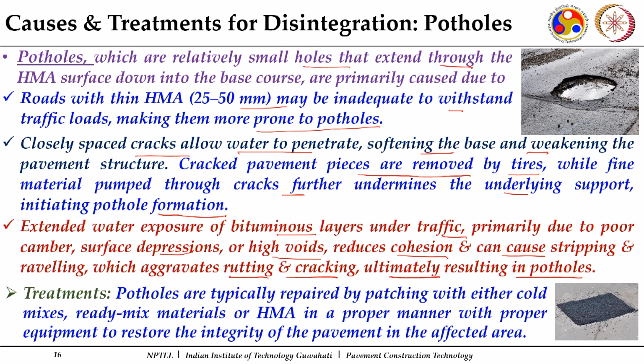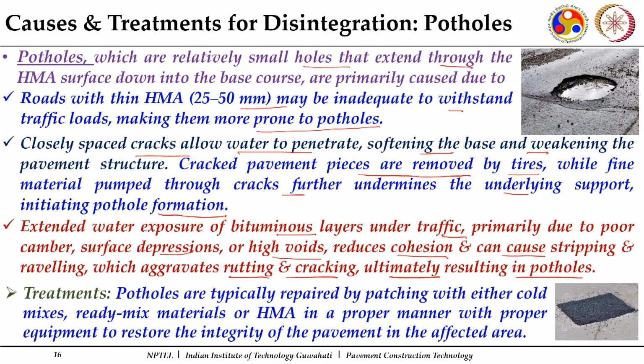When you have this combination of factors, specifically cracks, ruts and depressions, and water stands over them, then stripping and raveling take place, water enters through your cracks and weakens your subbase, and then more deflection occurs, the crack intensity increases, and the pavement breaks. These cracked pieces may be picked up by the traffic, and ultimately the formation of potholes takes place.